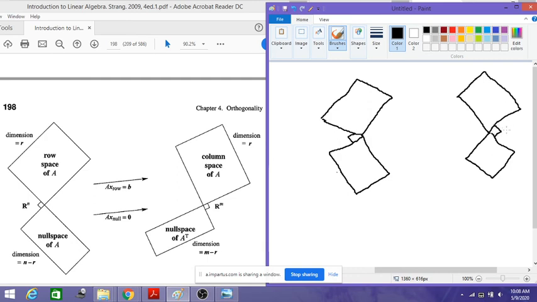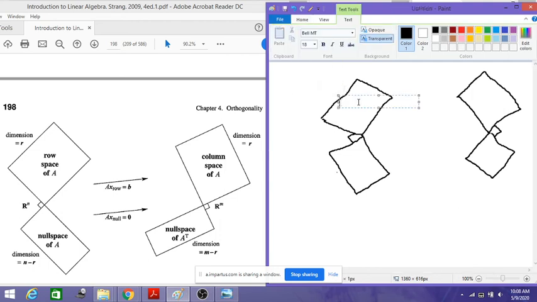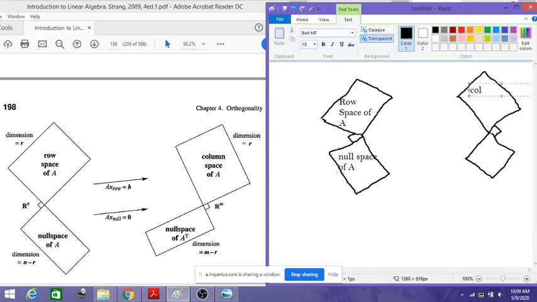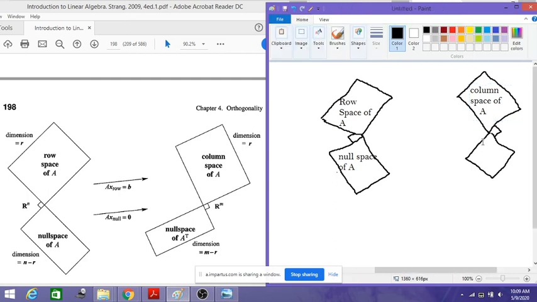So this forms the right angle. So this I can write here, this is nothing but the row space of A. This is row space of A, and this is the null space of A, and this is the column space of A, and this is the null space A transpose.